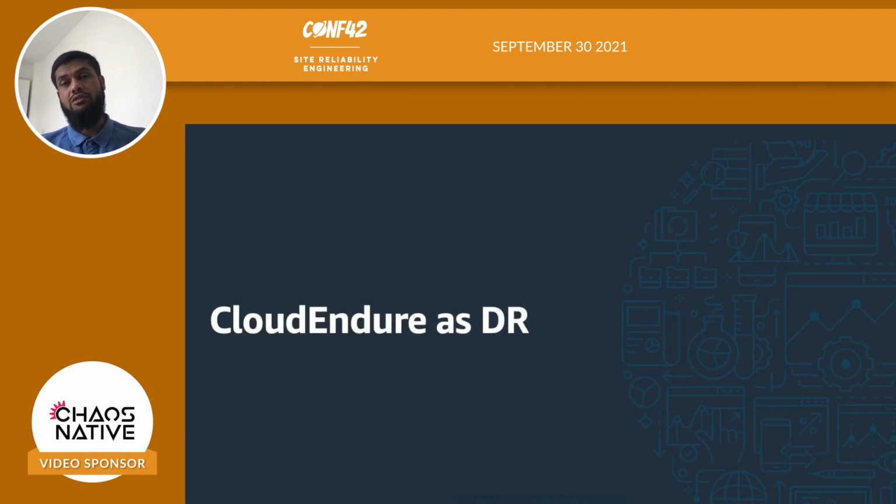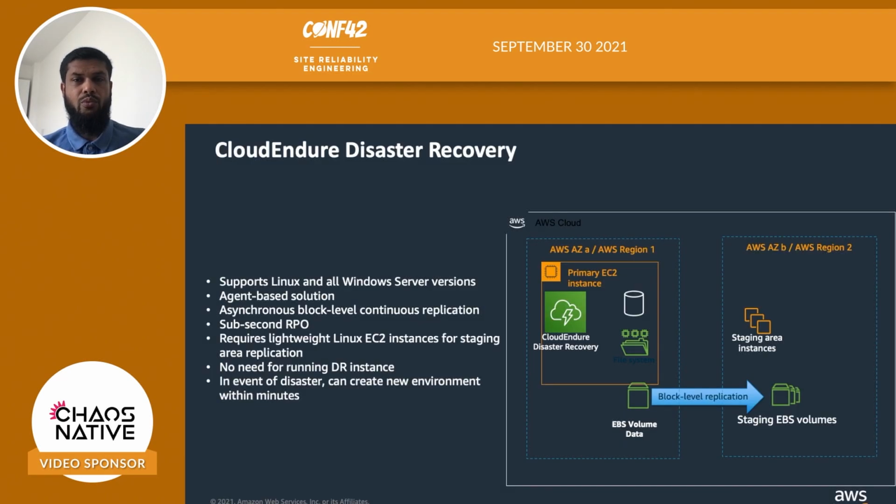Now we have another option, which is CloudEndure for DR. What that is, basically, is a service. It operates at the block level as well as the VM level. It replicates all the blocks in the VM, including app data files, at the block level, and it keeps track of the block changes in the staging environment. These are maintained in the EBS volume.